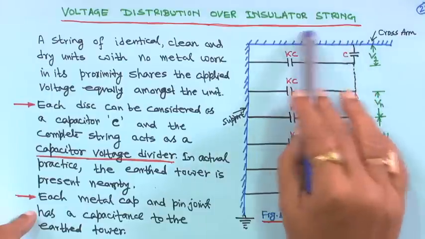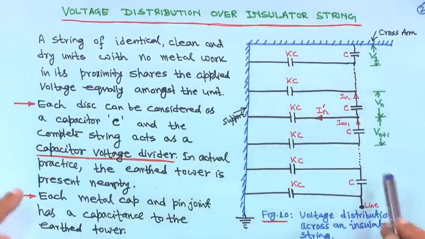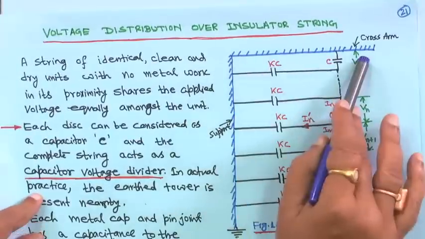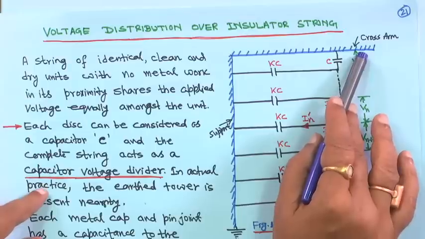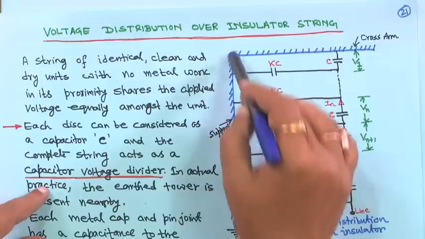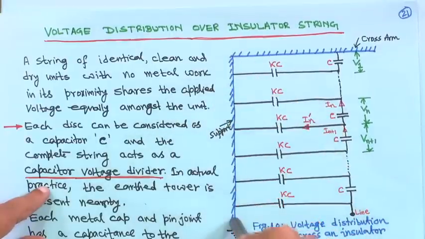So, that thing has to be considered. Now, how does the voltage distribution over an insulator string happen? Suppose this is your cross arm, because insulators are hung from the cross arm, and this is the support tower.